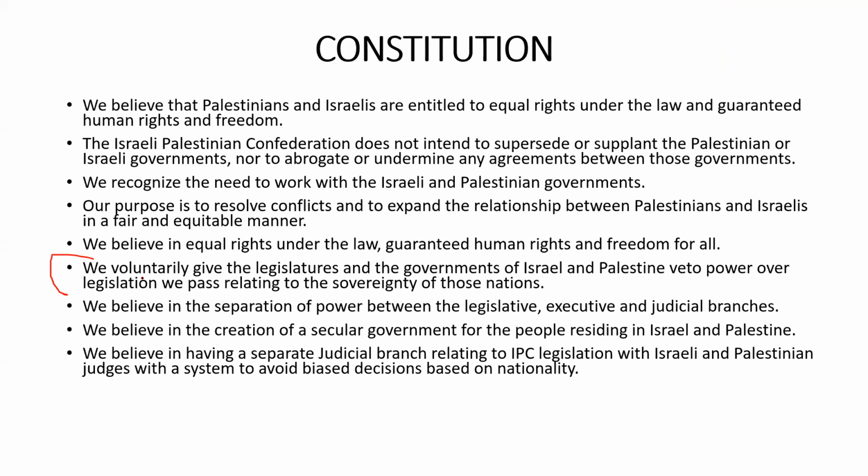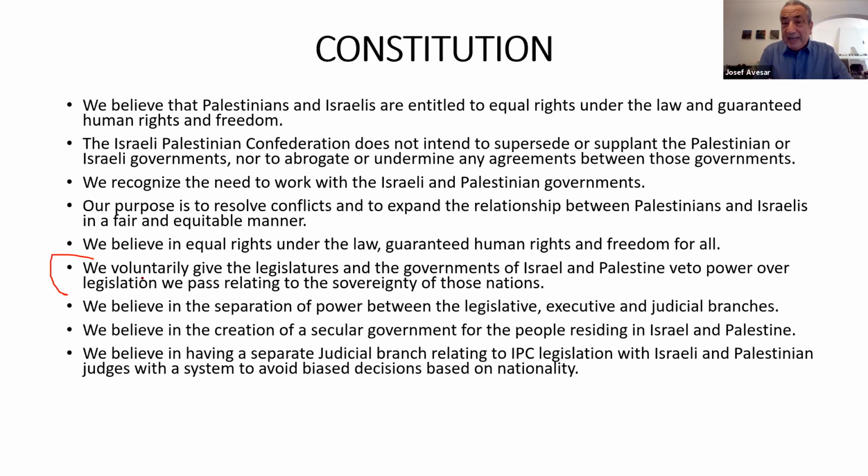I have a question. How would the IPC resolve issues such as the Palestinian refugees? Well, we were just asked that question. The IPC will have 300 parliament members, Palestinians and Israelis. So they are basically given the opportunity, but also the duty, to solve the issues together.